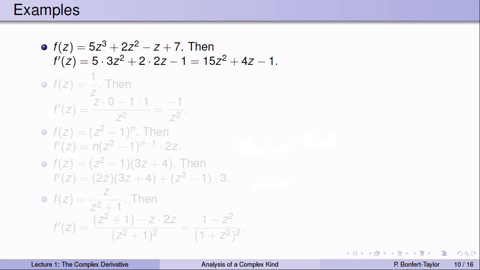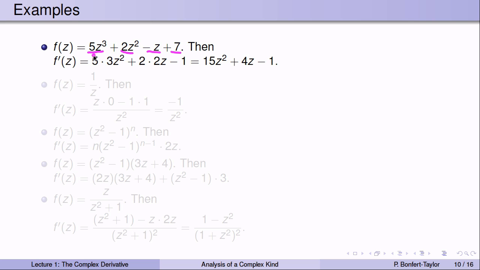Let's start with the function f of z equals 5z cubed plus 2z squared minus z plus 7. So we have a sum of a bunch of functions. The difference is the same as the sum. We can therefore differentiate these four functions individually. So what are all these derivatives? The derivative of 5 times z cubed is a constant times z cubed.